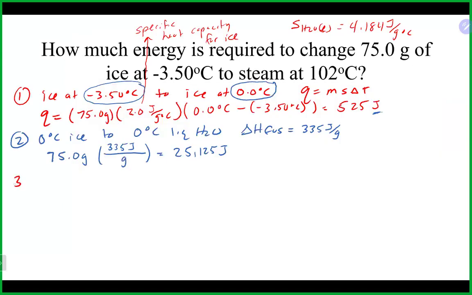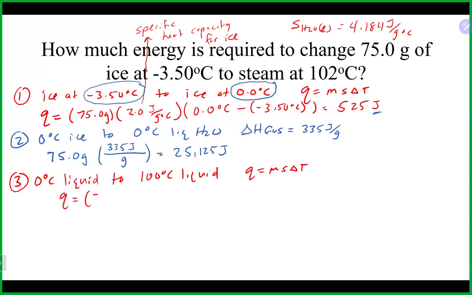So the third step is now that we've transitioned into liquid water at 0 degrees, we basically got to take it now to its next major transition, which is 100 degrees liquid water. And that's going to get us to the boiling point, basically. So here we would use our Q equals m c delta T. And we will put in our numbers, which again is still 75 grams. But now we're in liquid water.